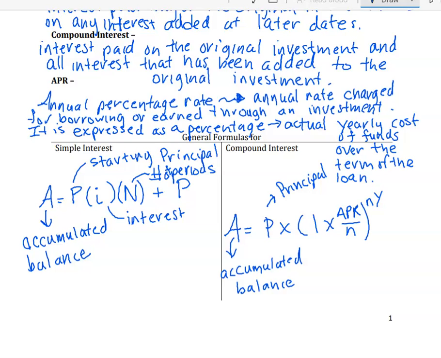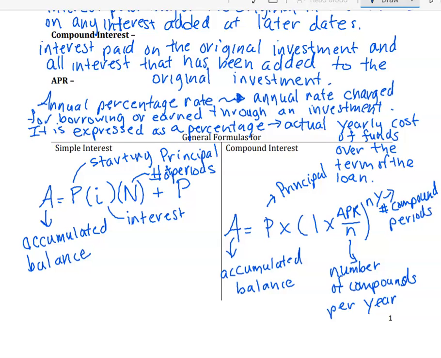And we've talked about what APR is, the annual percentage rate. This little n is the number of compounds per year, and the y at the top is going to be the number of compound periods.